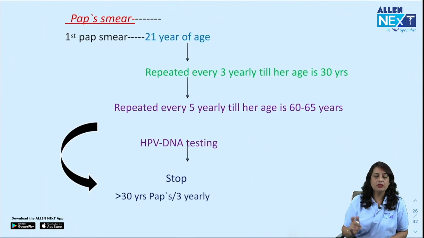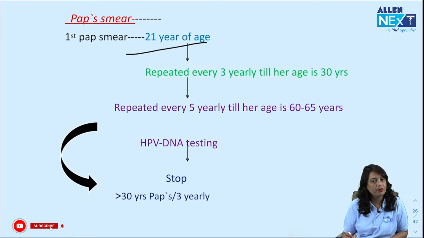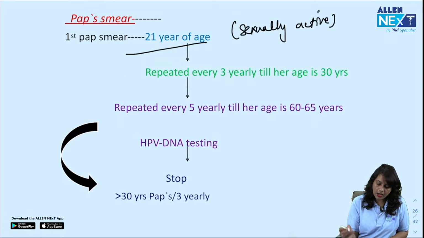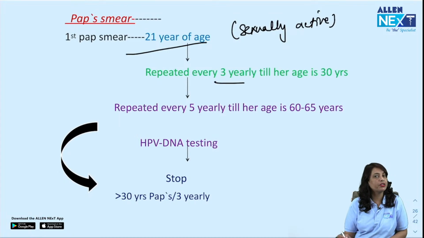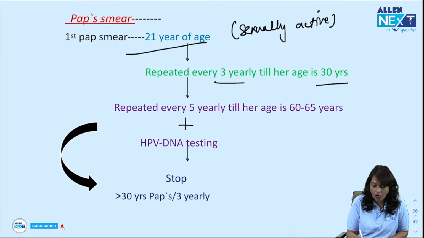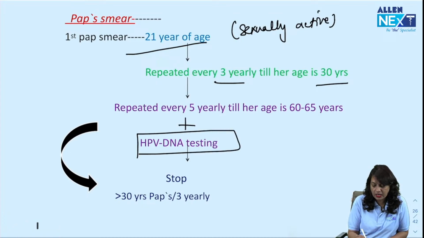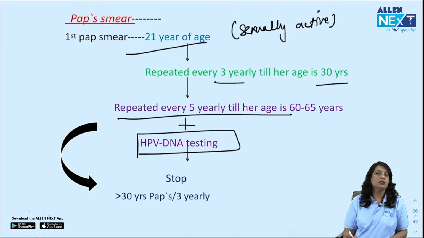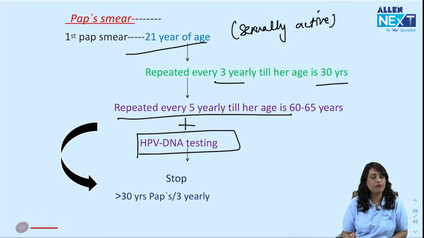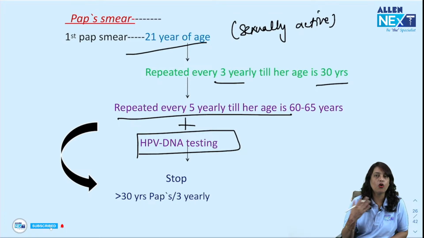So Pap smear is to be started in a 21 year old female who is sexually active, and it should be repeated every 3 yearly till her age is 30 years, then every 5 yearly along with HPV DNA test. If you want to repeat the pap smear 5 yearly, then you have to do HPV DNA testing along with that.